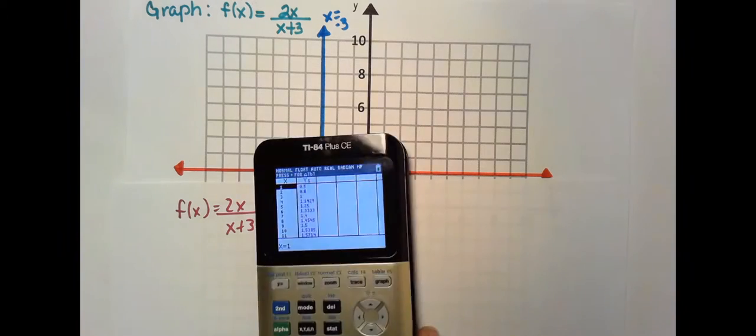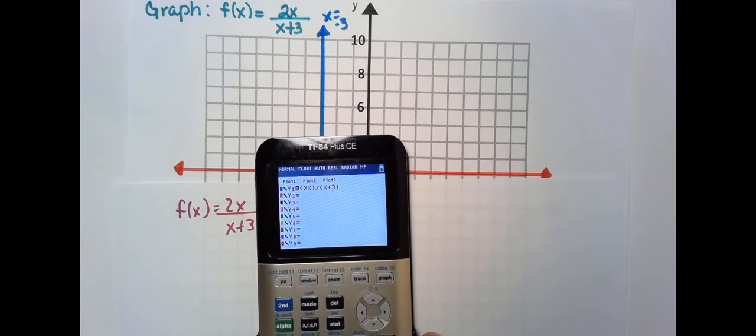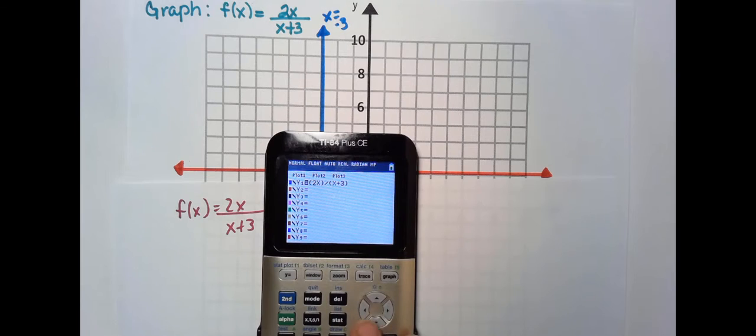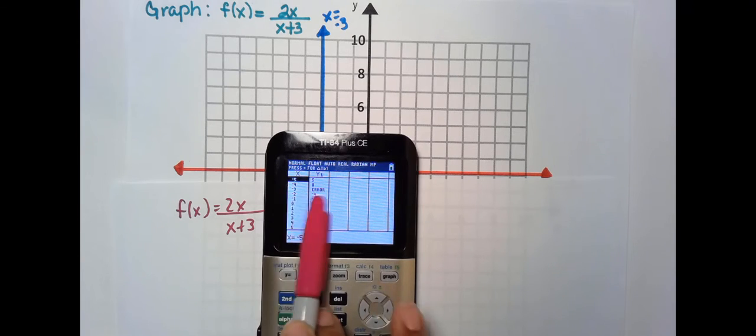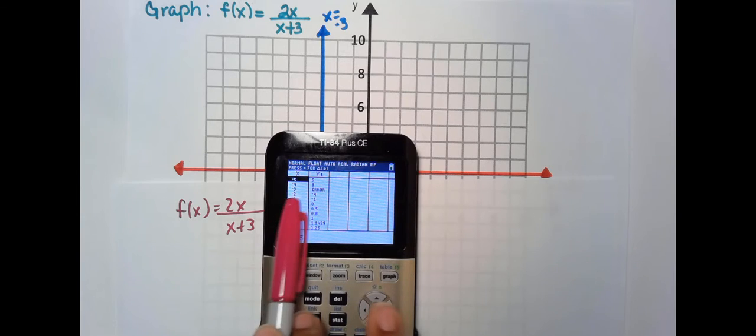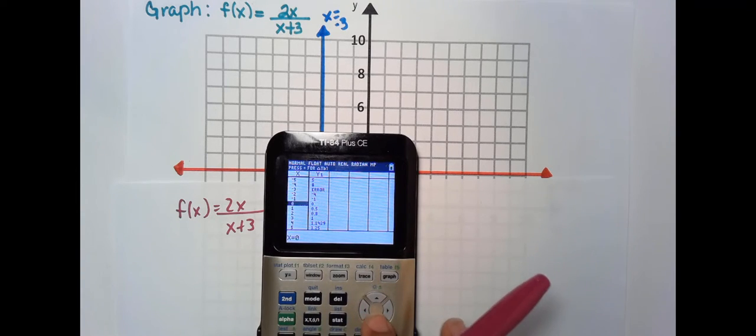Go to your y equals screen, type in the equation, place parentheses around the numerator and denominator, and let's find some points. Let's go to second and table, and find some points that we can plot. Look at -3. There's an error. That means that at -3 it is undefined.